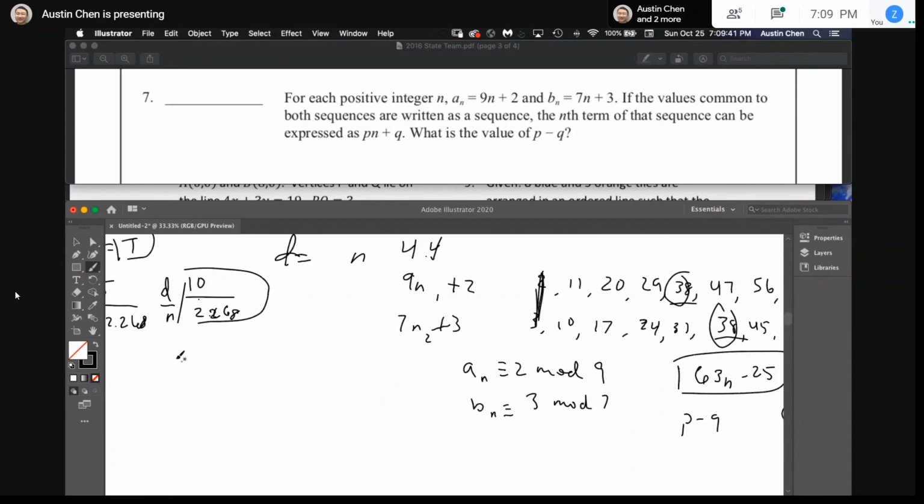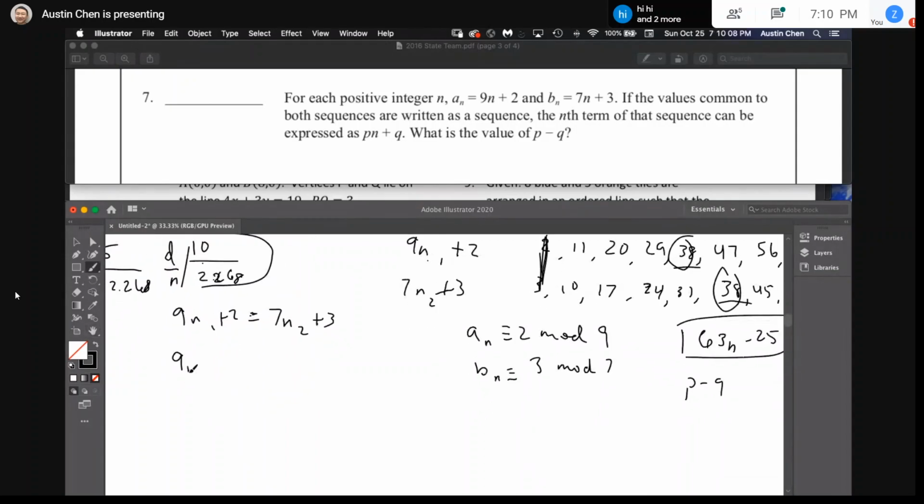Oh, maybe it was. I think it could be. It was like, so we equaled these two things together. So this is A sub n, this is B sub n. So when this is satisfied, where n1 and n2 are positive integers, then one of these values will be in our sequence, right?